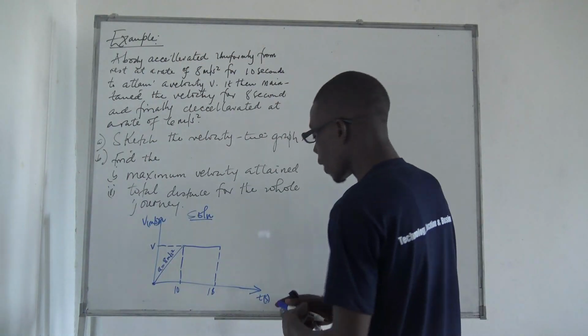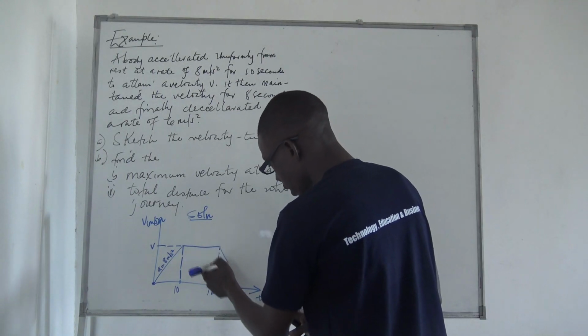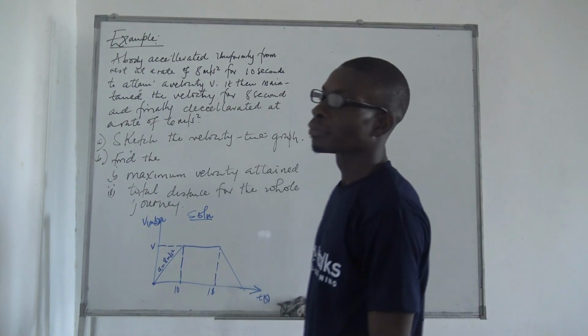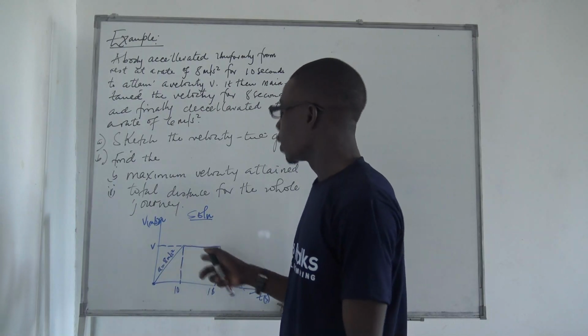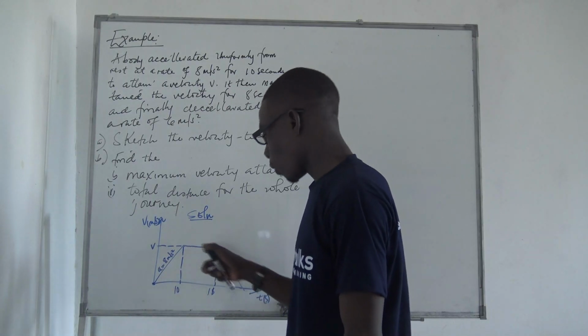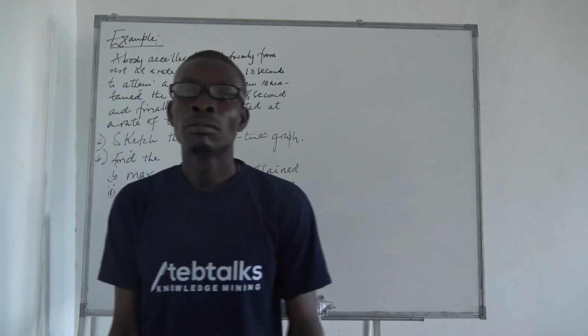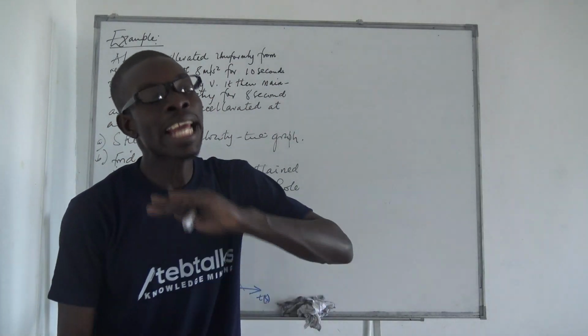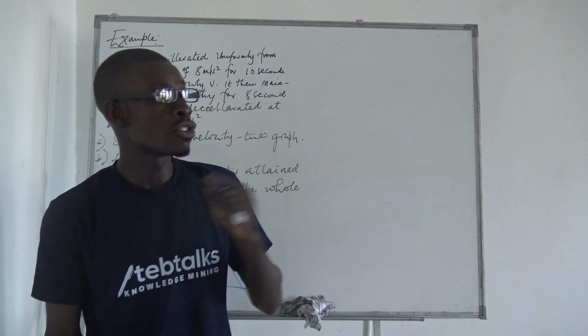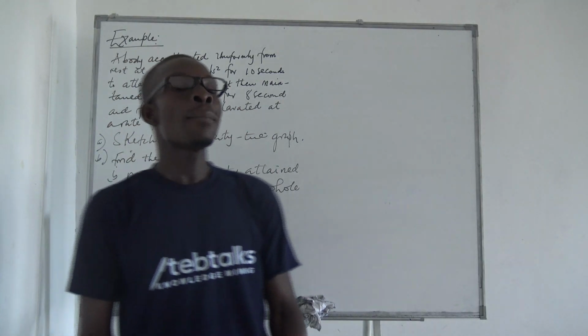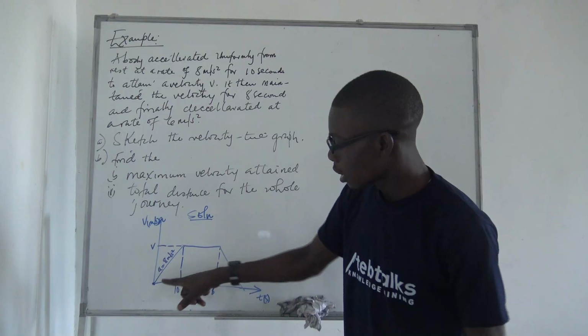Is that okay? So a graph of negative gradient will look like this. This is for deceleration, this is for acceleration, and this is for constant velocity. Maintaining the velocity constant will mean acceleration is 0. We are combining the graphs we had looked at.